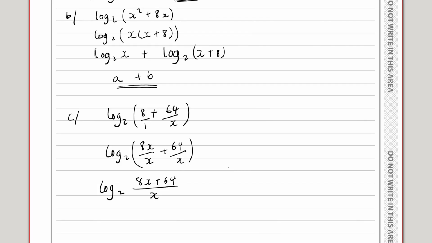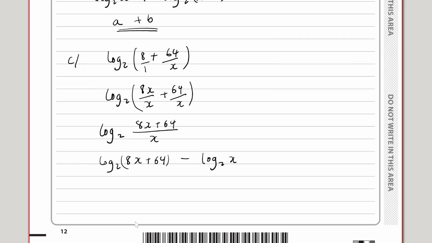When we've got a divide, we can change it into a minus. So we've got log base 2, 8x plus 64 minus log base 2 of x. And if we factorize out the 8, we've got log base 2, 8 times x plus 8, minus log base 2 of x.